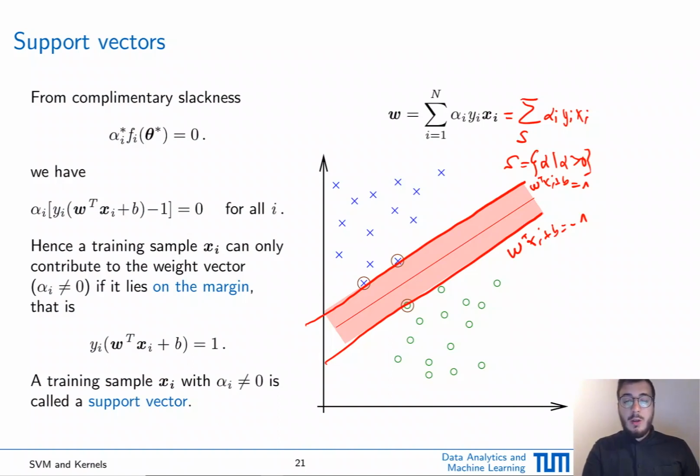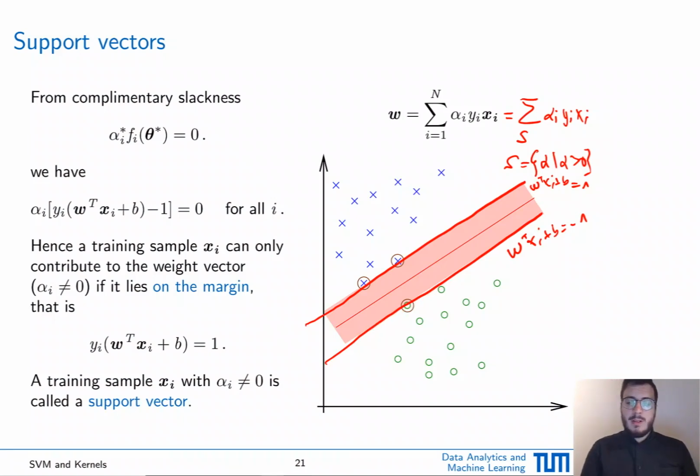So basically only those data points which lie exactly on the margin, which are exactly on these two parallel hyperplanes, will contribute anything to the weight vector, because exactly the alpha i's which correspond to these data points will be non-zero, and they will contribute something to this sum. And this is where the name comes from, because these data points are exactly called the support vectors, because the hyperplane is supported on them.